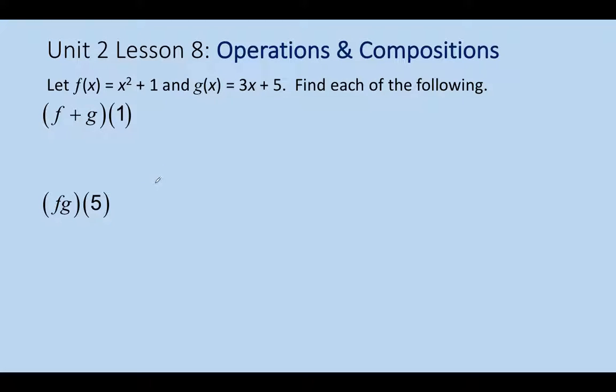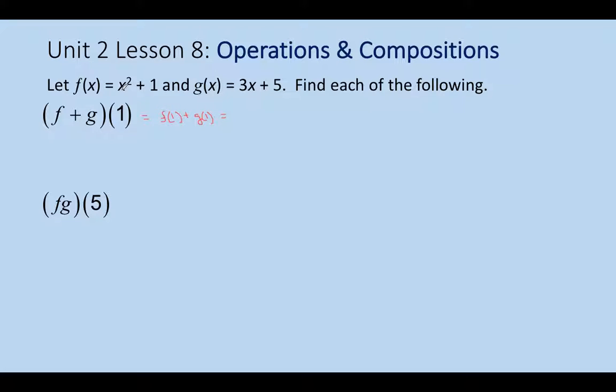So if I had two functions, I got x squared plus 1 and 3x plus 5. If I want to figure out what f plus g of 1 is, this would be the same thing as saying f of 1 plus g of 1. Okay? The y value of f when x equals 1 and the y value of g when x equals 1.